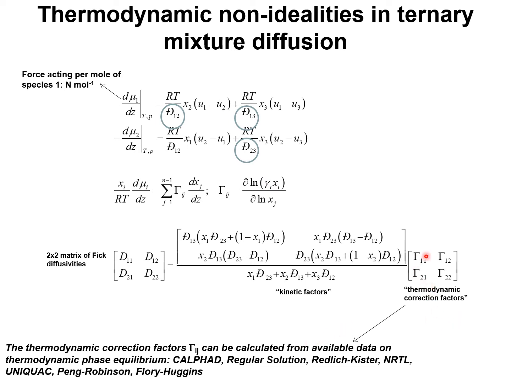The thermodynamic factors can be calculated for liquid mixtures using, say, the NRTL and UNIQUAC equations, for supercritical gases using the Peng-Robinson equation of state, for polymer solutions using the Flory-Huggins model, and for metal alloys using the CALPHAD model. For a ternary mixture, the departure from ideality is described by a matrix of thermodynamic correction factors whose off-diagonal elements are generally large and non-zero.